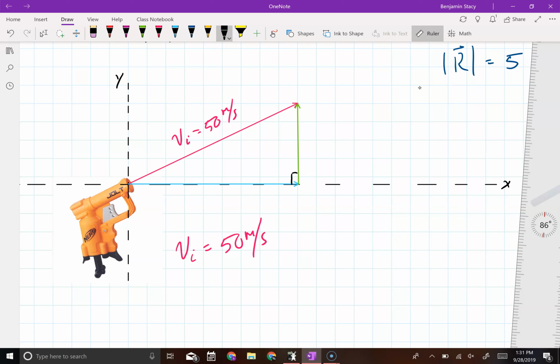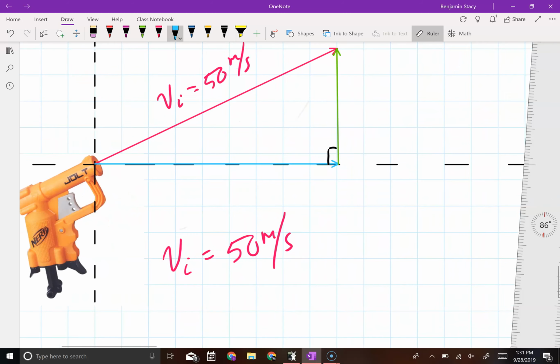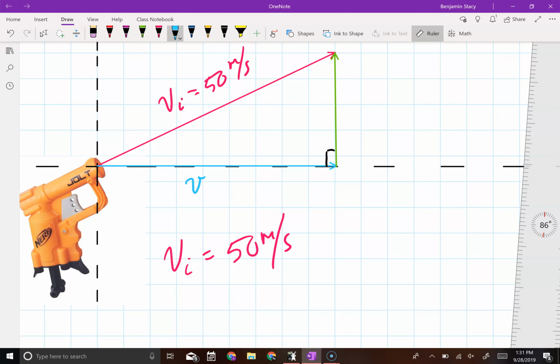Okay, there it is. So we call this component down here in blue the initial velocity in the x direction. Because it's the initial velocity, but only part of it. And it's only the blue part, the horizontal part. And then we call our vertical part VIY, the initial velocity in the y direction. And we want to be able to figure out what VIX and VIY are.